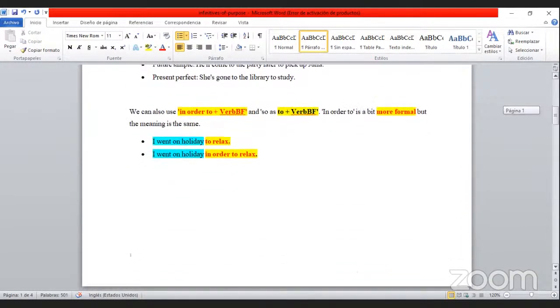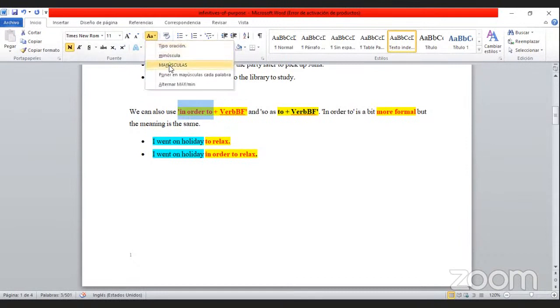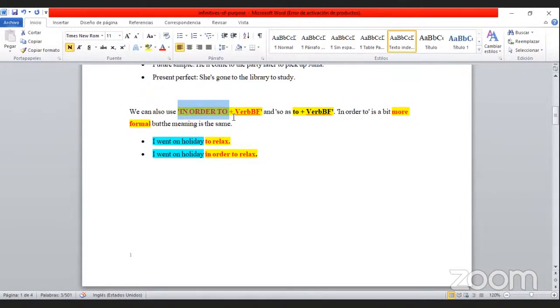The second infinitive that we have is in order to, plus the verb in base form. It's similar to the first one, but it is a little bit longer, okay? It is in order to, not only to. And it means the same.